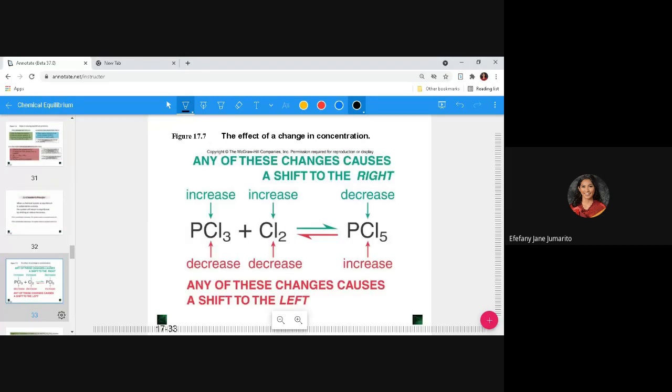Okay, now we have this one. If we have PCl3 plus Cl2, it will yield PCl5, phosphorus pentachloride.